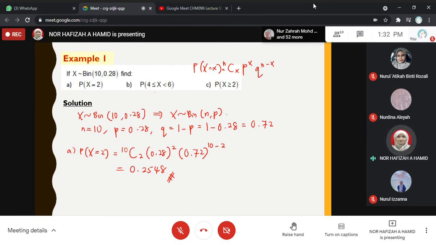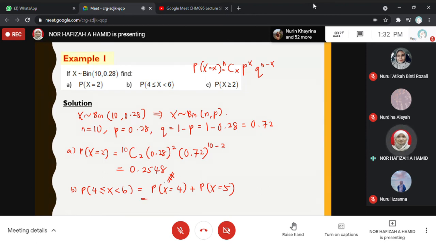For B, it wants the probability of X less than 6 but greater than or equal to 4. So the probability means X equal to 4 plus the probability X equal to 5. 6 is not included because it wants less than 6.